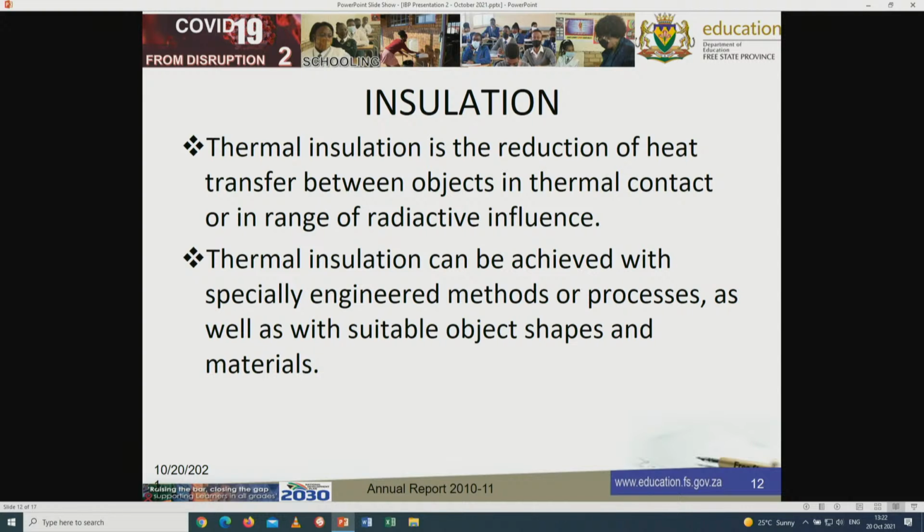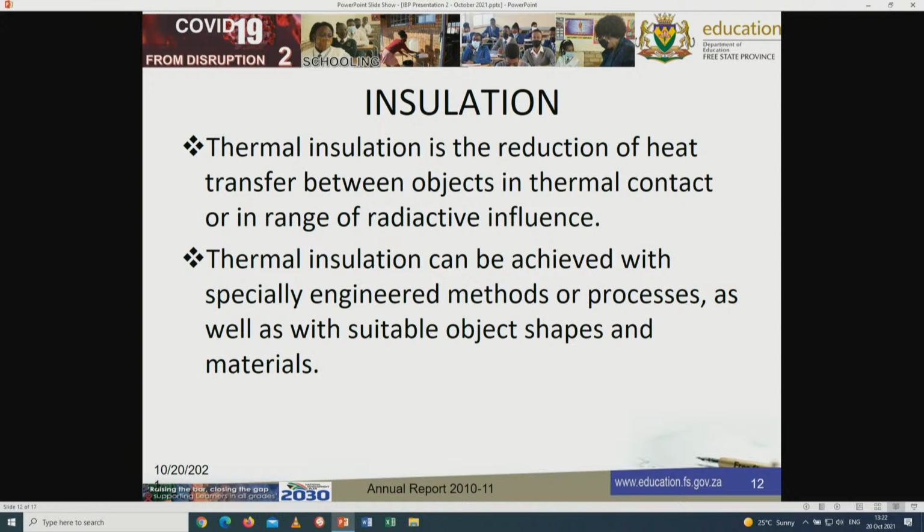We need insulating materials to save energy. Thermal insulation is the reduction of heat transfer between objects in thermal contact in range of radioactive influence.